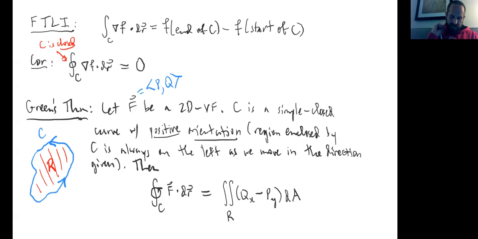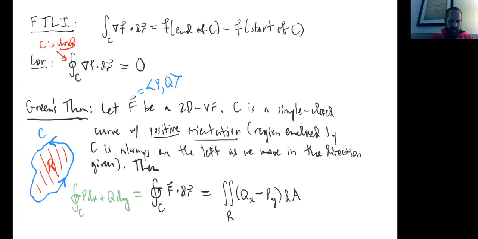That's interesting. And by the way, remember, there's this alternative way to write the work integral too: the integral over C of P dx plus Q dy. We've talked about that as well, but that's an alternative notation for these work integrals. Hopefully that makes sense.